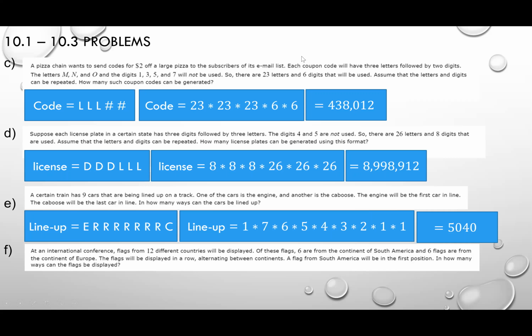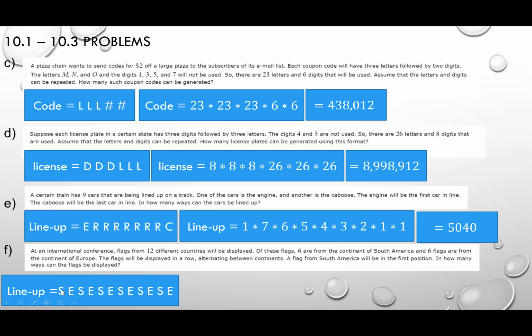So basically, they tell you that you need to put these flags in an alternation, right? The alternation in terms of South America, Europe, South America, Europe, South America, Europe, right? So if you were to do this thing here again, do you agree that we have 12 different slots for this lineup of different flags?